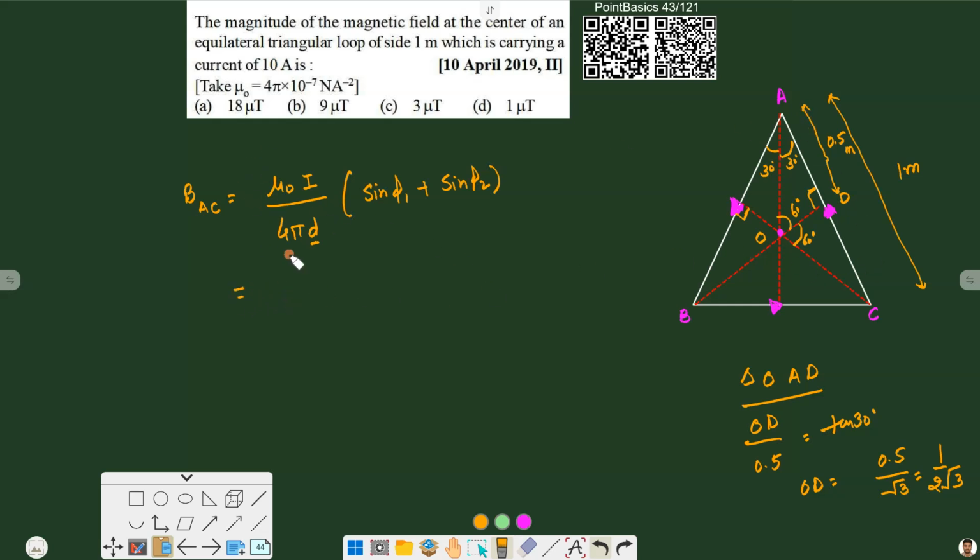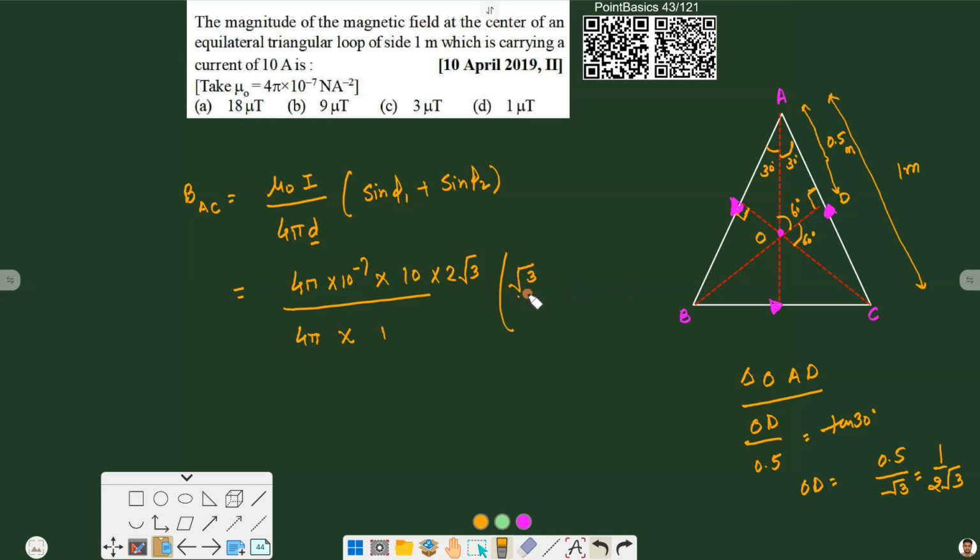Now we can put these values here. So mu naught is 4 pi into 10 raised to power minus 7, current is 10 ampere, divided by 4 pi, divided by distance 1 by 2 root 3. So it comes 1 by 2 root 3. Sine phi 1, that is sine 60, is root 3 by 2.